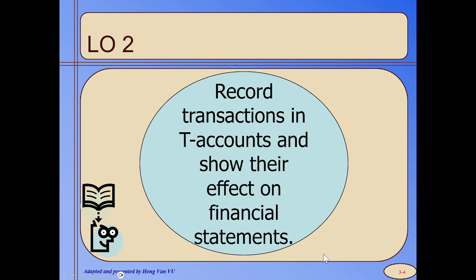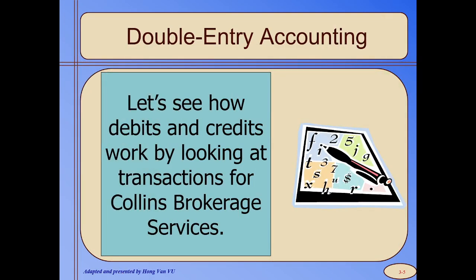Learning objective 2, we will learn how to record transactions in T accounts and show their effect on financial statements. So let's see how debit and credit work by looking at transactions for Collins Brokerage Services.